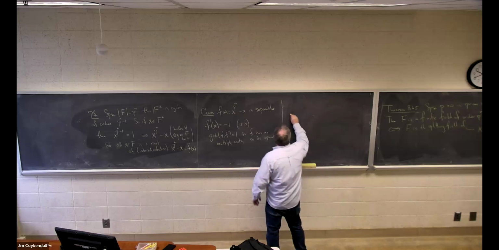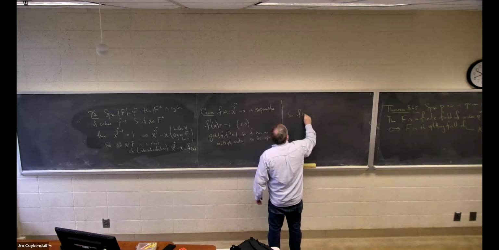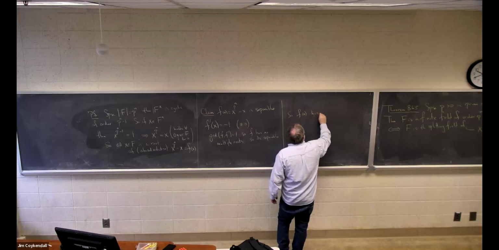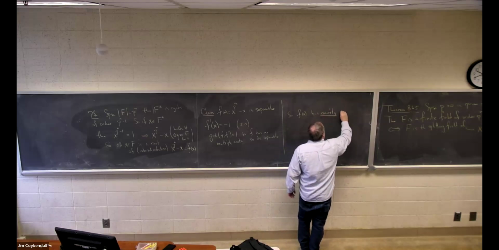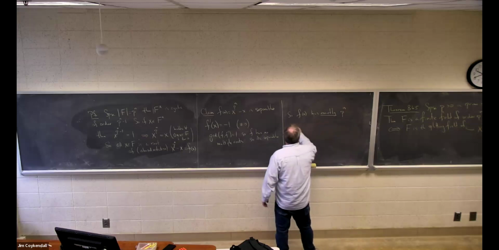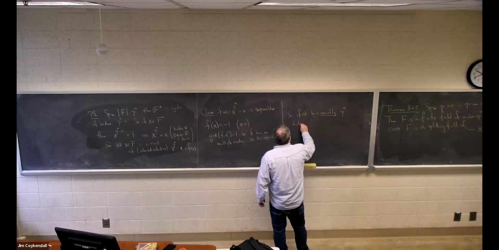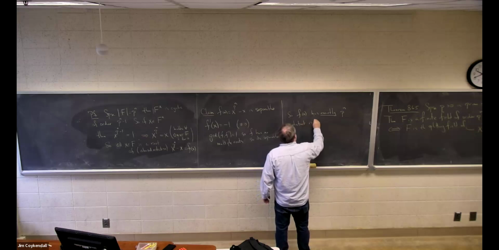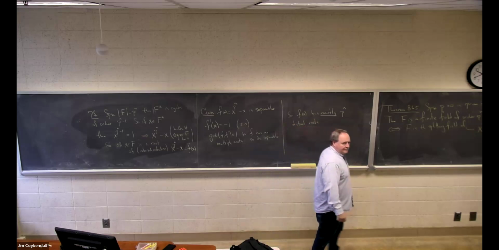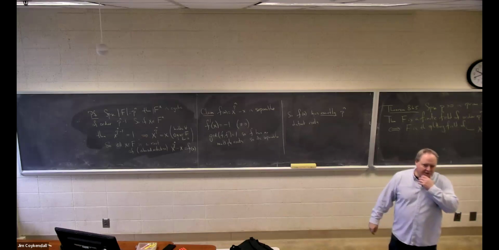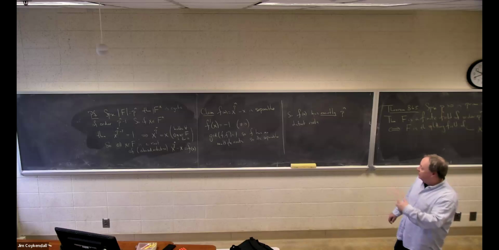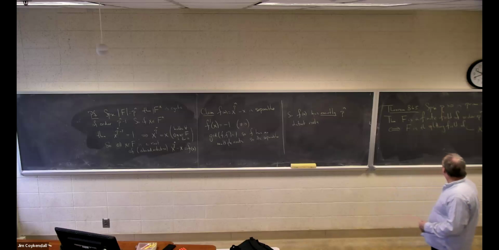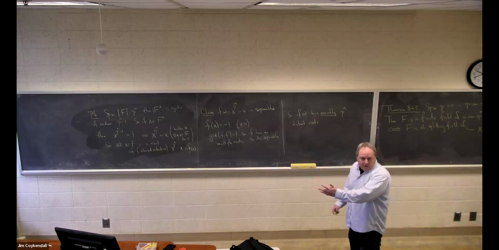In particular, it has exactly p to the n distinct roots. So it's gotta be the splitting field, right? Because remember the splitting field: if you take Z mod p, in this case, and you join all the roots, it takes them all, doesn't it?